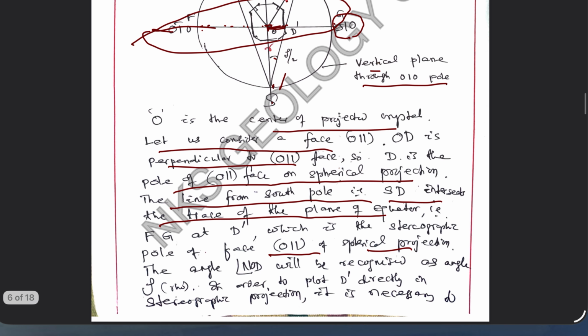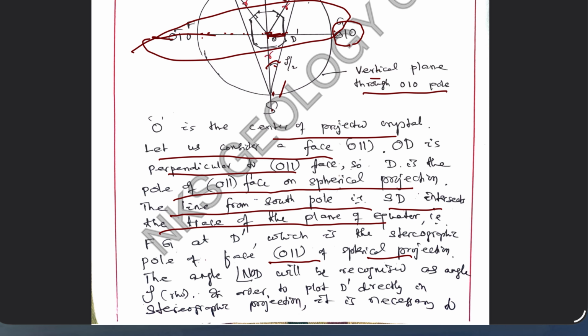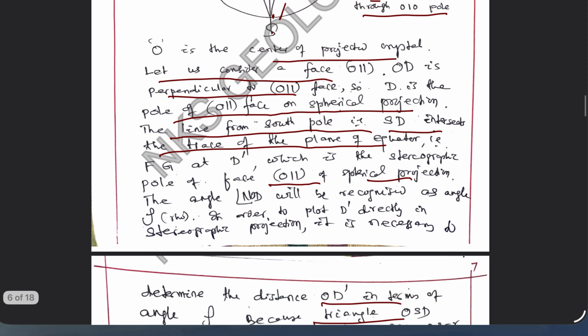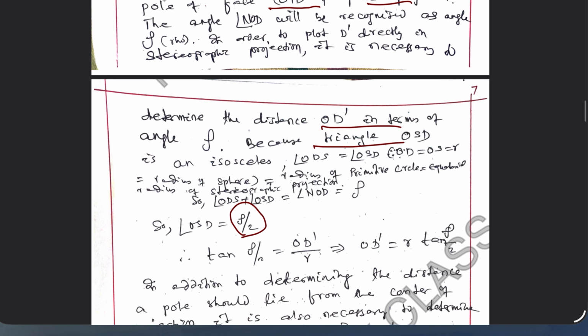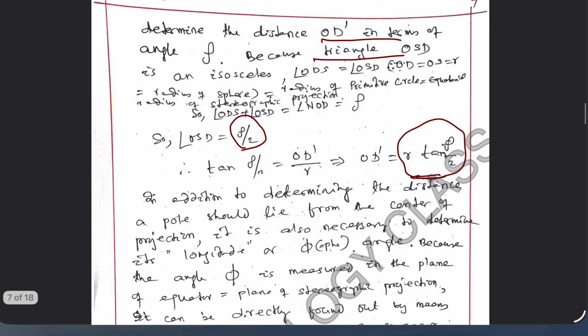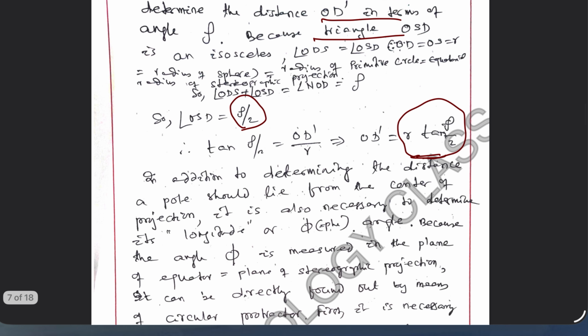Tan of this angle, rho by 2, will be perpendicular by base, so it will be OD dash by OS, where OS is equal to R. So OD dash is equal to R tan rho by 2. So OD dash can be found from this relation, R tan rho by 2.